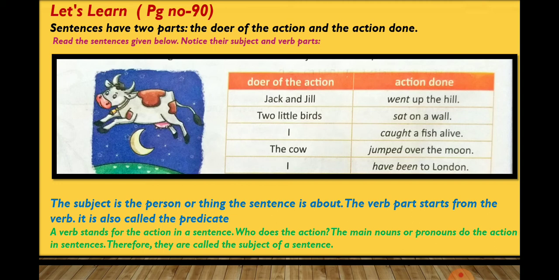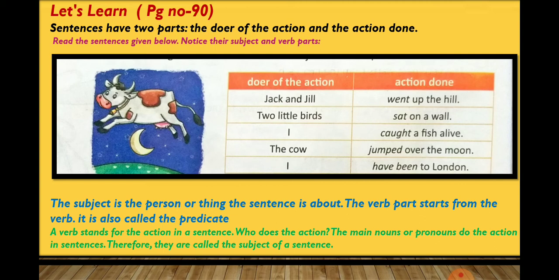So let's read the given sentences below and notice their subject and verb parts. So the doer of the action will become your subject and the action done becomes your verb part or predicate. So here you can see the first one, Jack and Jill is the subject, went up the hill is the work done or the action that is done.